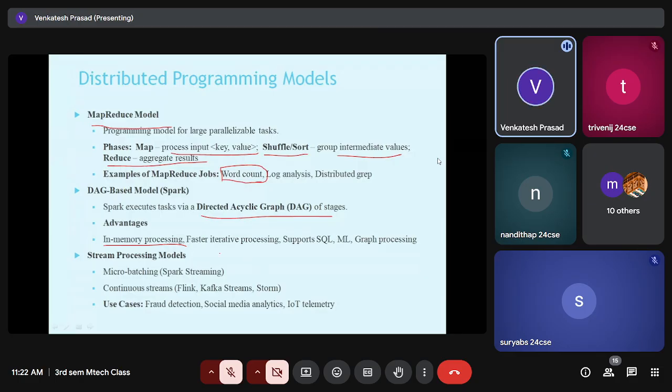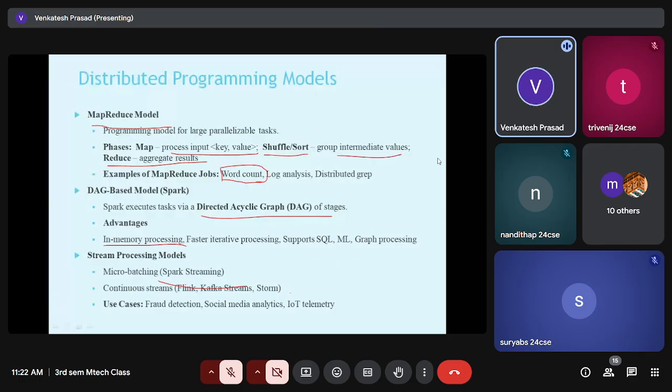Then the stream processing, which we will study in the subsequent modules. So Spark, Flink, Kafka, Storm. Kafka, I don't think we'll focus on here, maybe only a little bit. Okay, so we look at other stream processing models to handle data streams: audio stream, text stream, video stream, and so on.